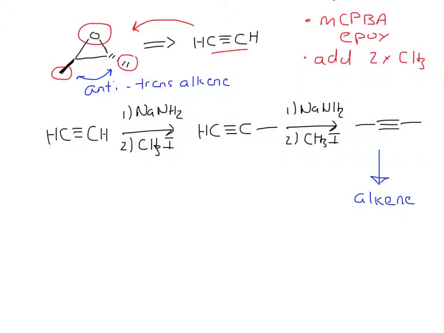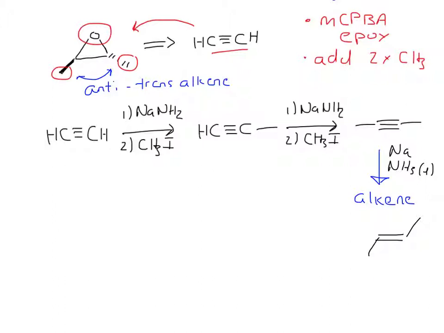So to get the trans-alkene, we need to treat this alkyne with sodium and liquid ammonia. So that will give us our trans-alkene, just that reduction.